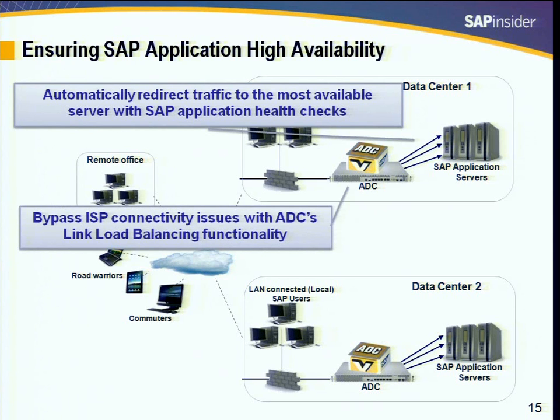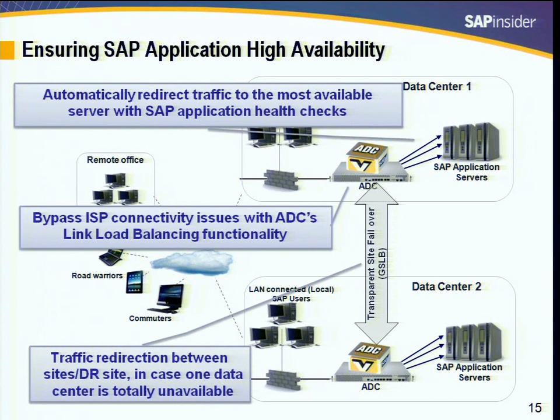So the second is, what if you're connected to an ISP and that connectivity to the ISP goes down, right? Typically what you want to do in those kinds of instances is route your users to another data center which is connected using another ISP. That's where link load balancing comes in.